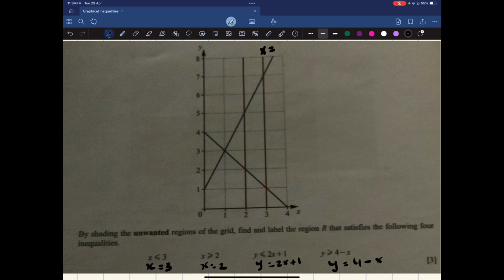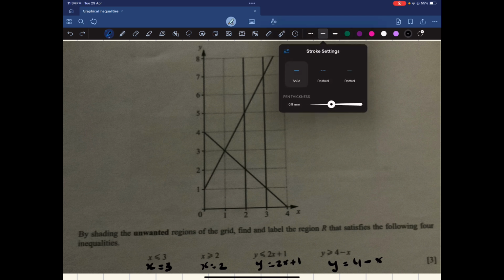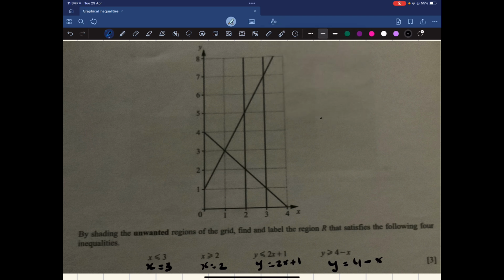So x equals 3, x equals 2. Next, let's have a look at the third line. We know that slant lines are in the form y equals mx plus c. So m is the gradient, which is 2 in this case, and the intercept is 1.